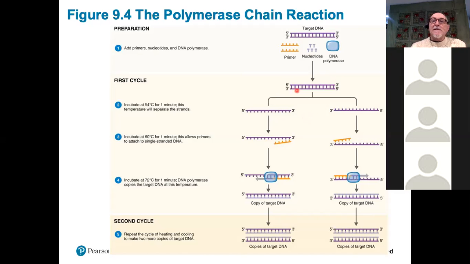And so here's our DNA, okay? And we're going to heat it up. We heat it up to 94 degrees Celsius. That's really hot. But we're using a DNA polymerase that is very resistant to heat. It will survive perfectly well. At that temperature, 94 degrees Celsius, this strand of DNA will split apart.